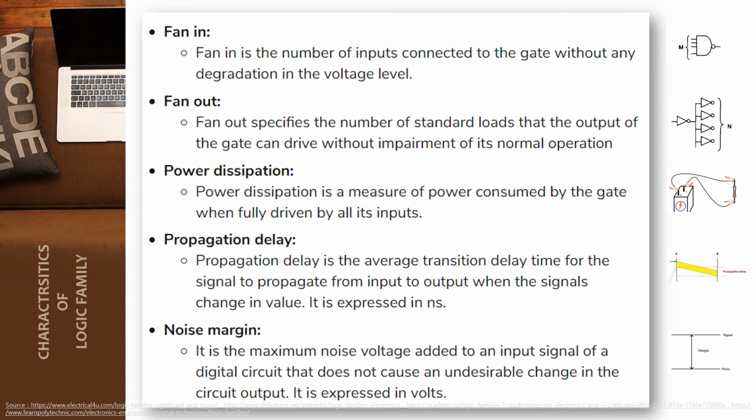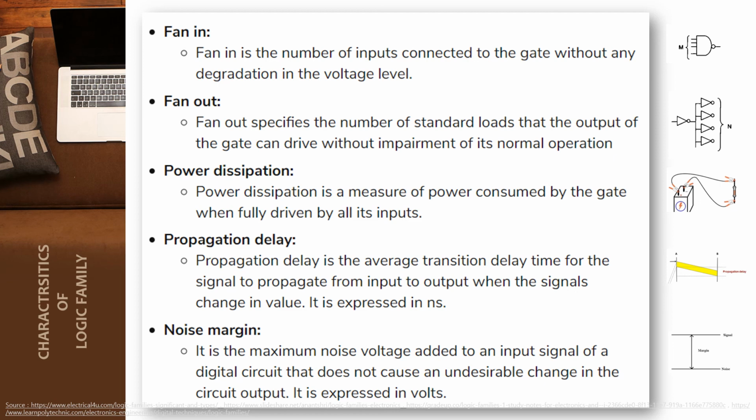It means the maximum noise voltage. We can say that this gate or this device can handle this much of highest voltage, that we call the noise margin. So the noise margin is nothing but the maximum noise voltage added to an input signal of a digital circuit that does not cause an undesirable change in the circuit output.